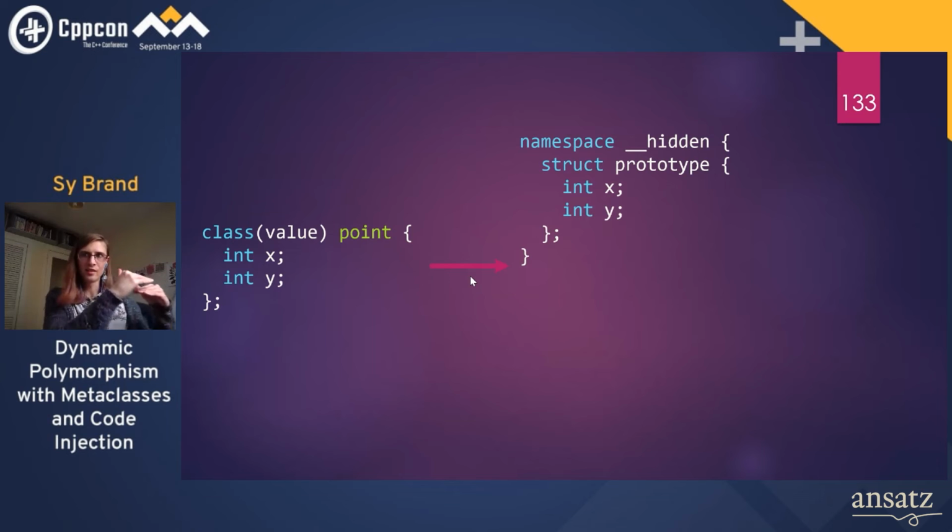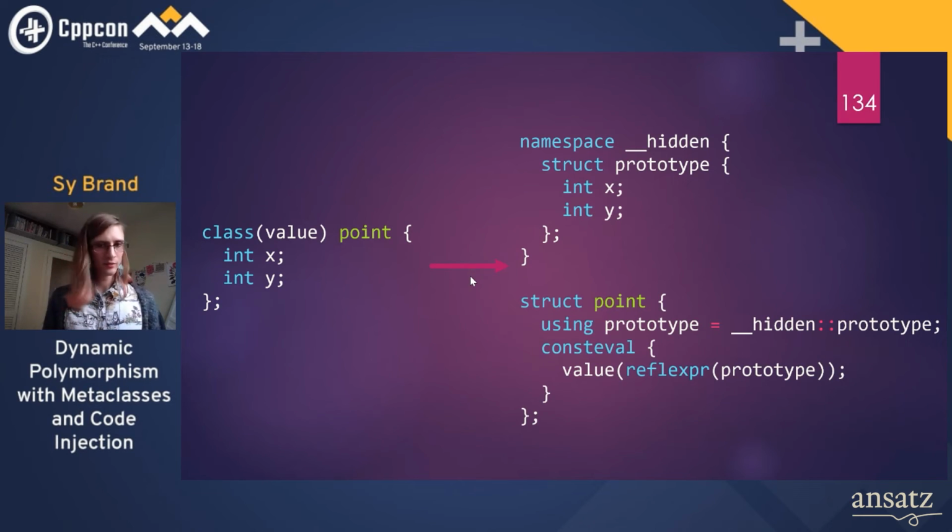We've just taken the whole body of the class and copied the text essentially somewhere else. Then we define our point class, which calls value in a consteval context.